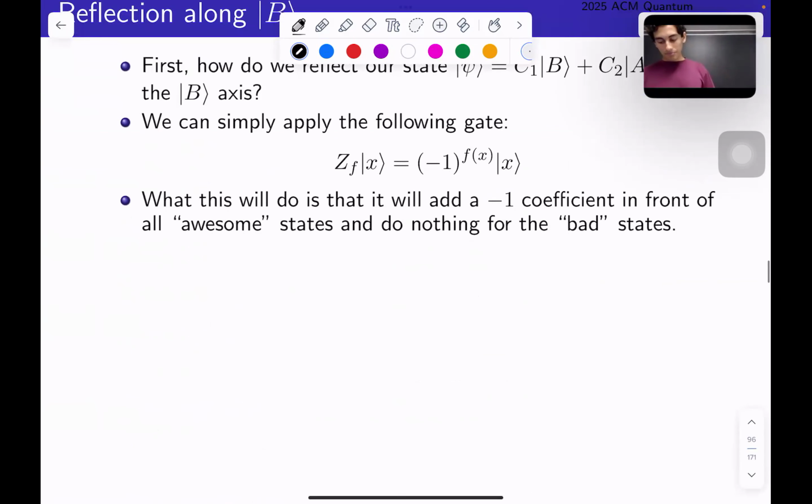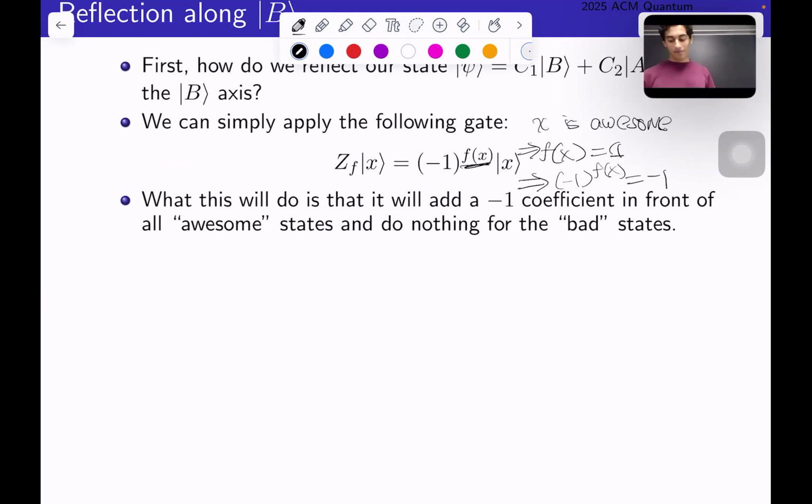So again, remember, if you're in an awesome state, then your f of x will return 1. So let's just say x is awesome. Then f of x is 1, which means that -1 to the f of x is -1. So if you're in an awesome state, you'll add a -1 coefficient.